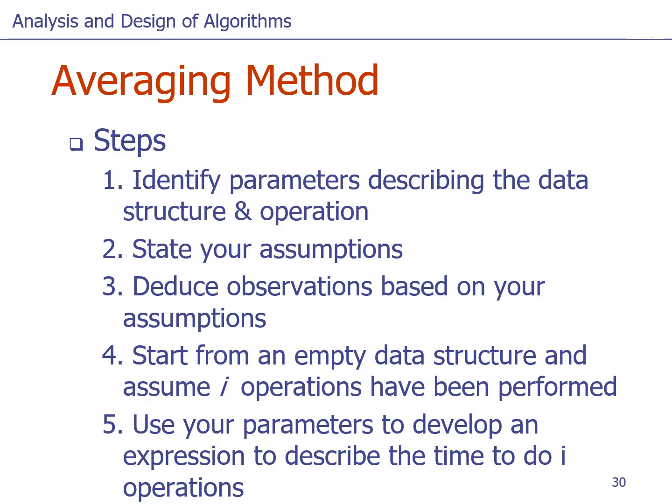Now step number 4 really is you simulating what's going to happen. If your assumption is I'm going to start from an empty one, or any other thing that is useful to you, you start to run it in step number 4 as a simulation in your mind. So I'm going to start from an empty data structure, and I will assume my I operations have been performed. Here I will not make any claims about what these I operations actually are.